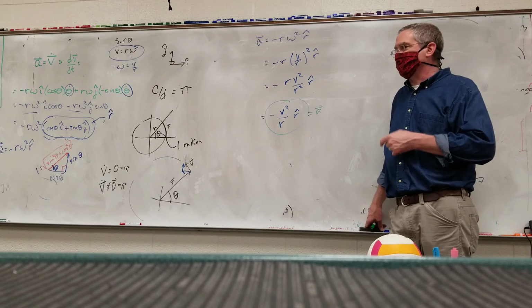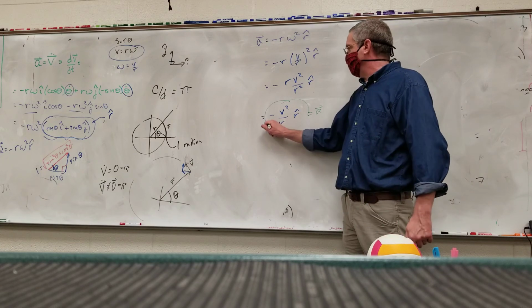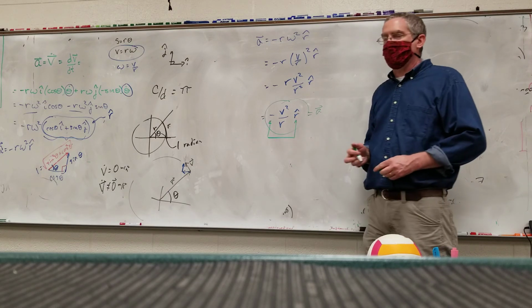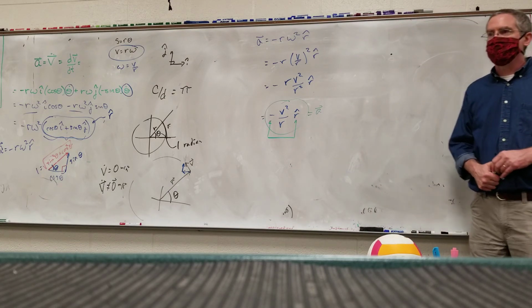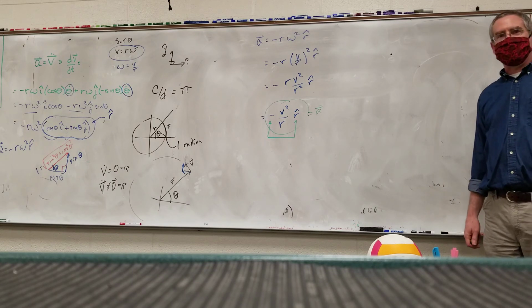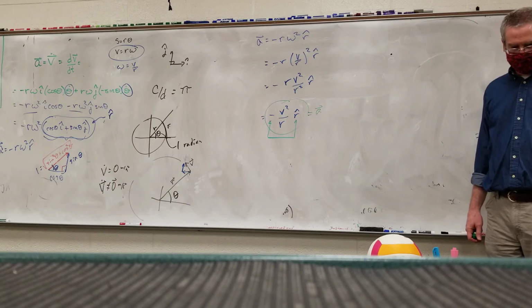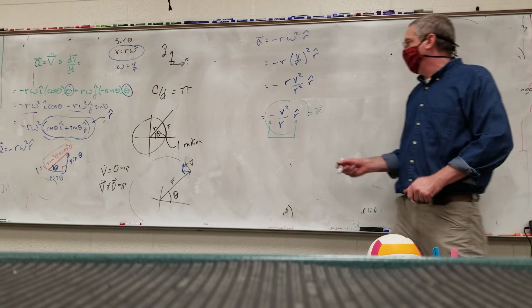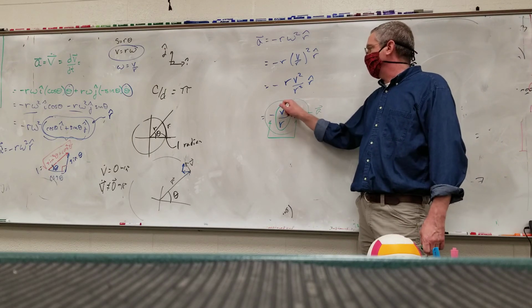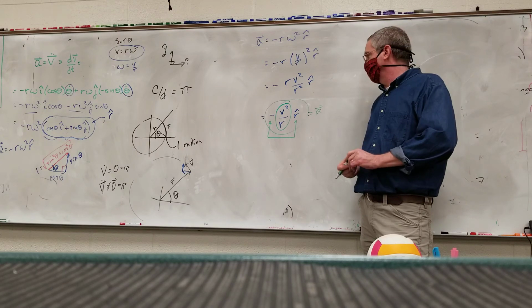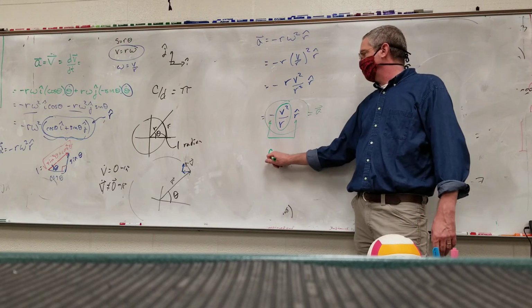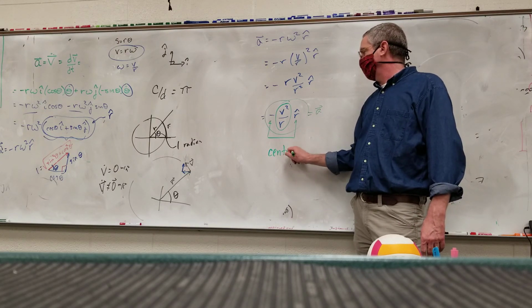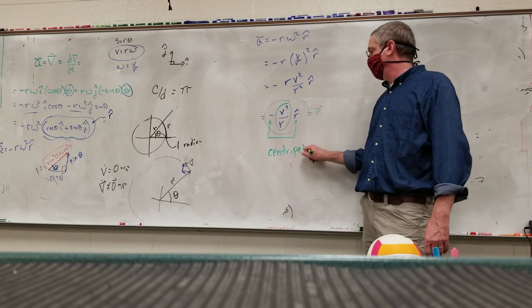The direction of this acceleration is in the negative r hat direction. And what is the negative r hat direction? Pointing towards the center. Absolutely. With a magnitude of v squared over r. This is known as centripetal acceleration.